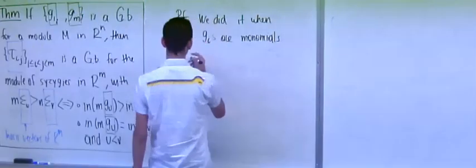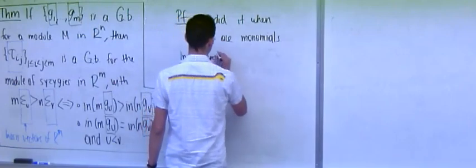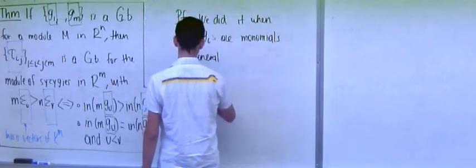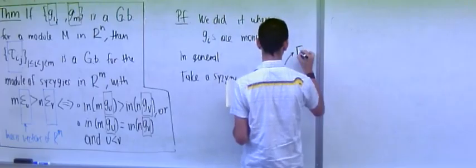So what I need to do is take a syzygy that looks like tau equals some summation of a_L epsilon_L.